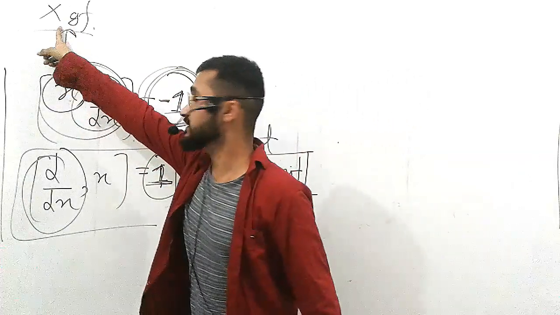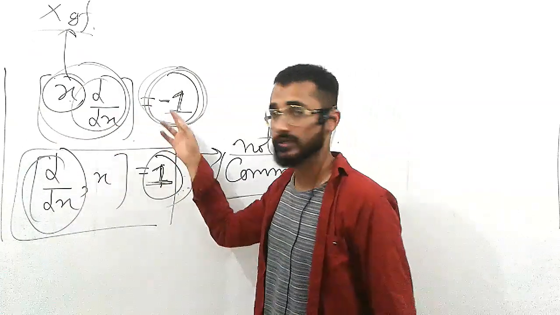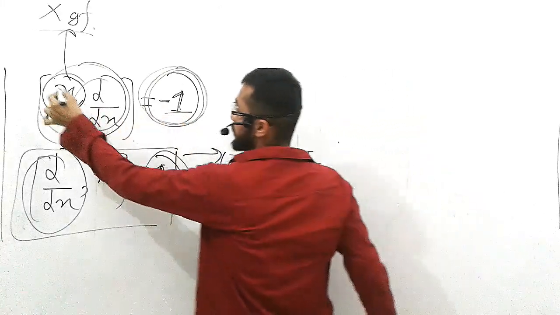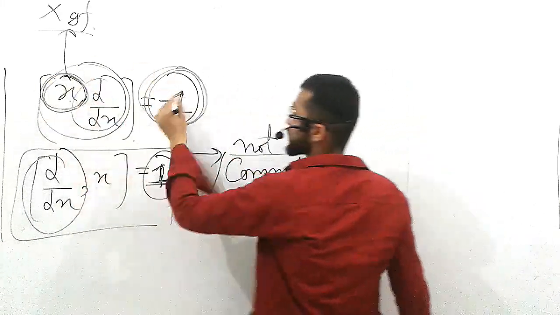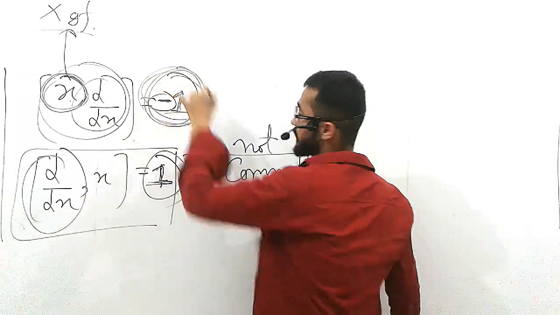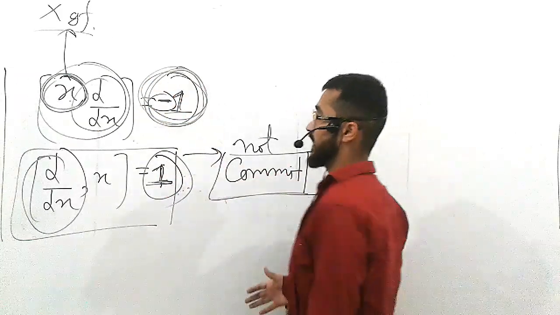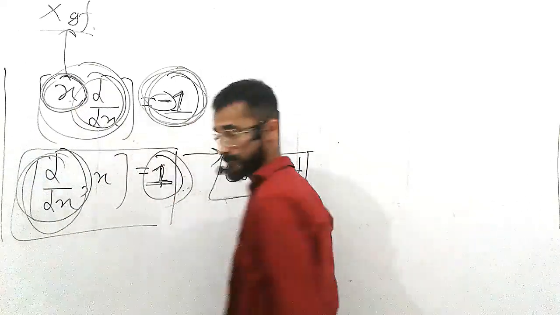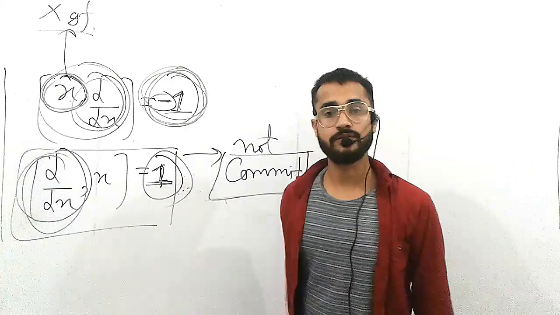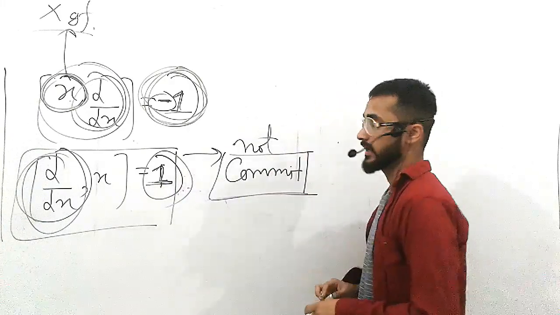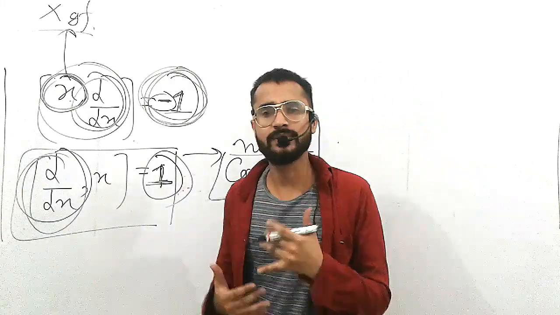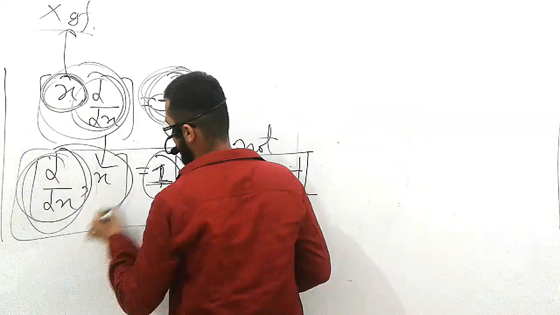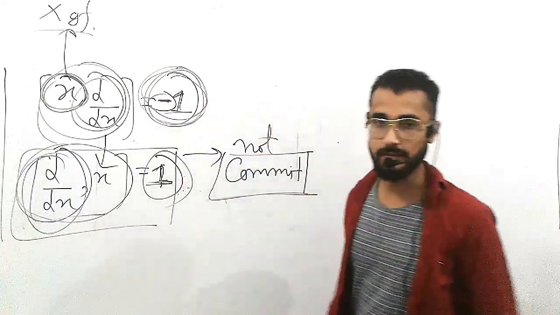So in this way, whenever x is first, the sign will be minus and it will be minus 1. And then if d by dx is taken first, the answer will be 1.